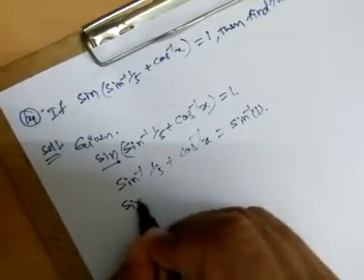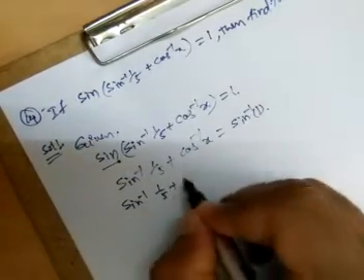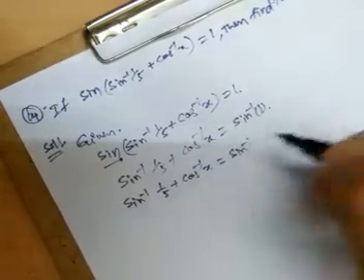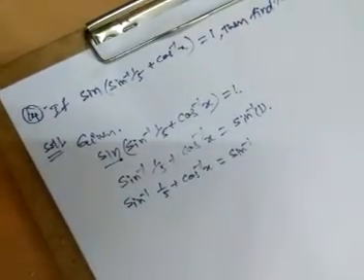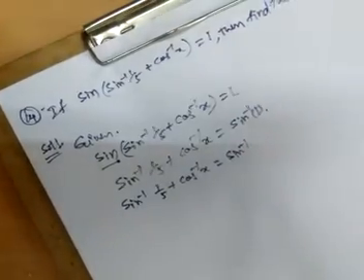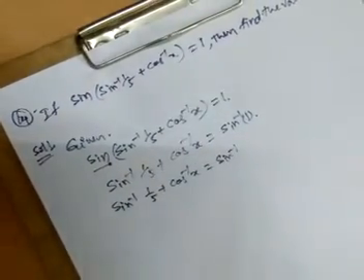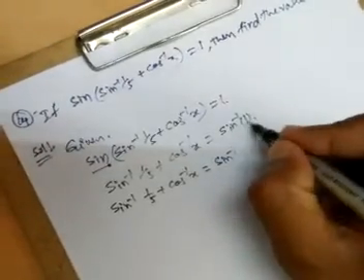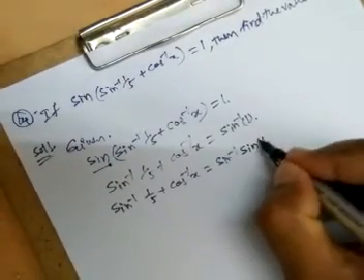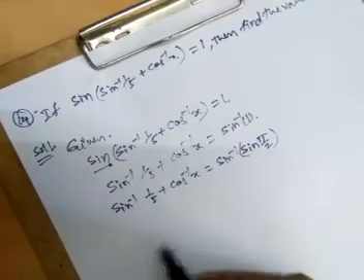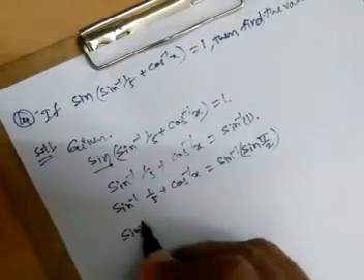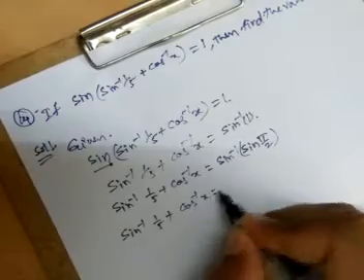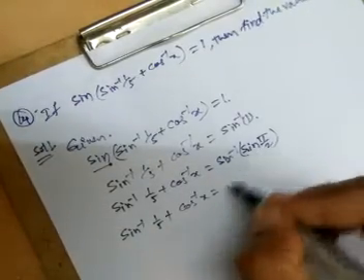What is the value of 1 in sine function? Sine 90, 1. So you can write in place of 1, that is sine 90, pi by 2. Now sine inverse of 1 by 5 plus cos inverse of x equals sine inverse of sine theta, that is theta.